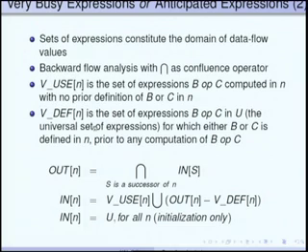And what about VDef? The set of expressions B of C in the universal set U of expressions for which either B or C is defined in n prior to any computation of B of C. So, B or C, one of them is given a value, okay, and then B of C is computed. So, that constitutes the kill set, because once B or C is defined in the basic block, then the previous value of B of C is not very useful to us anymore.